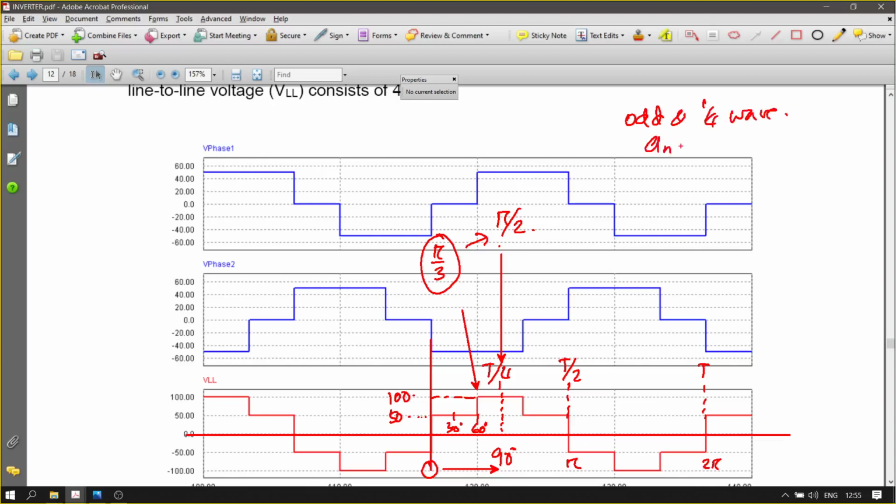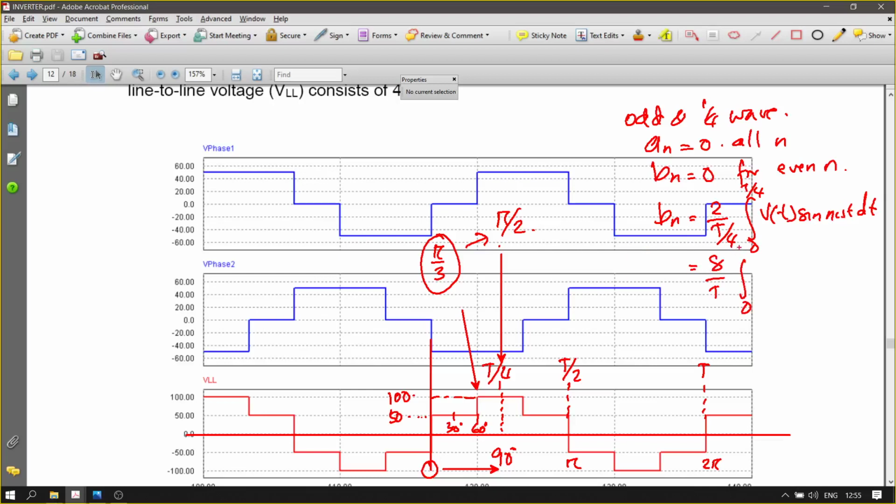So therefore a_n equals 0 for all n. b_n equals 0 for even n, but b_n equals 2 over T over 4, 0 to T over 4, and you have v(t) sine n omega t dt, and if I go further, we'll get 8 over T, 0 to T over 4, v(t) sine n omega t dt, and if I replace that T with 2 pi, then we get 8 over 2 pi, and that becomes 0 to pi over 2, v(theta) sine n theta d theta there.